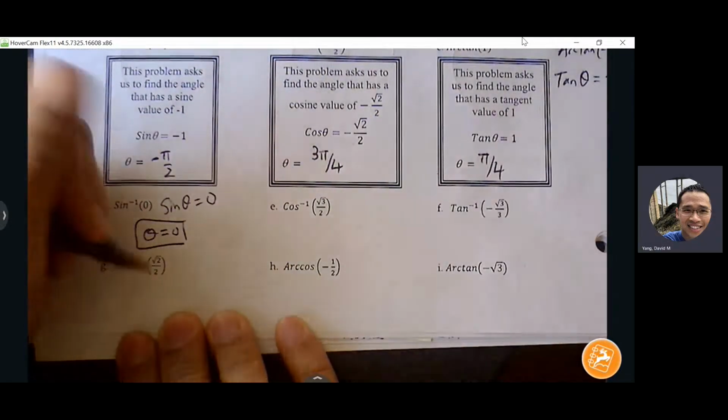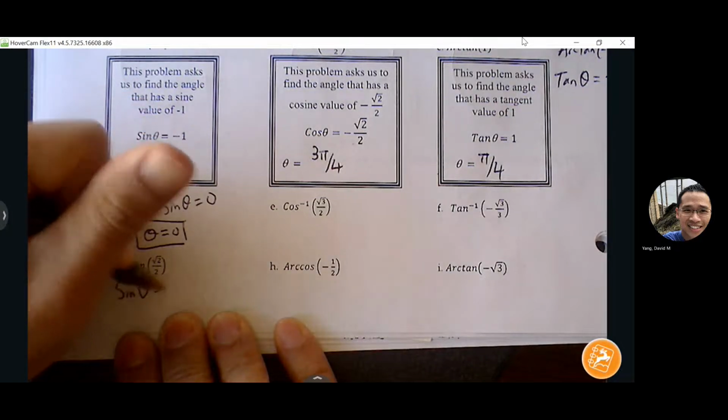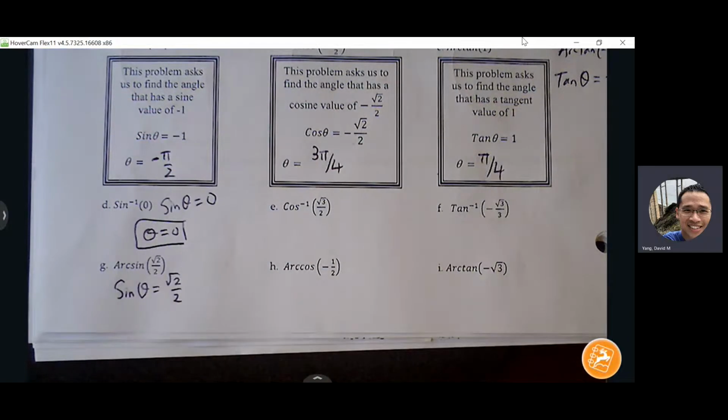Okay, arc sine of root 2 over 2. Sine of what angle measure is equal to root 2 over 2? Pi over 4. So whenever you see positive, it's easy. If you see positive, it's always first quadrant. But if you see negative, then you have to worry about, okay, is it fourth quadrant or second quadrant? And only sine and tangent is fourth quadrant.